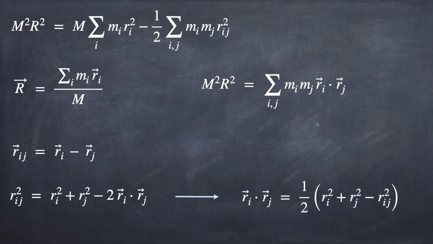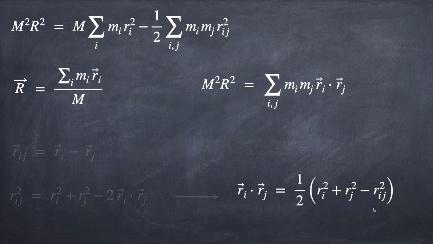And we want this scalar product. So I'm going to rewrite this equation as the scalar product r_i dot r_j being equal to 1 over 2 of r_i squared plus r_j squared minus r_ij squared, which is this equation here.